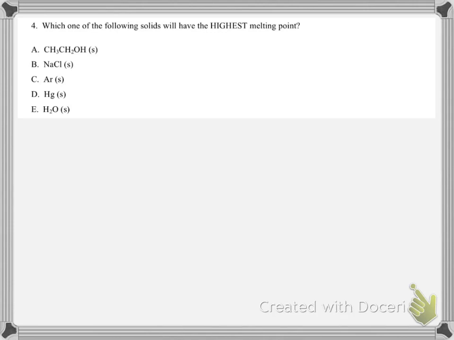Okay, for number 4, they're asking which of the following solids would have the highest melting point. Whenever I have a question like this, where they want highest melting point, I look for which solid is ionic, because those ion-ion interactions are really strong and really hard to break apart. You'd have to put in a ton of heat to separate them. The only ionic solid we have here would be the sodium chloride.